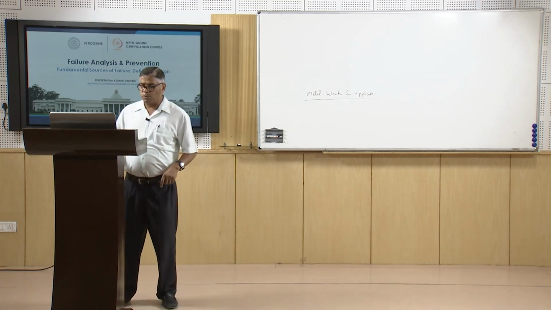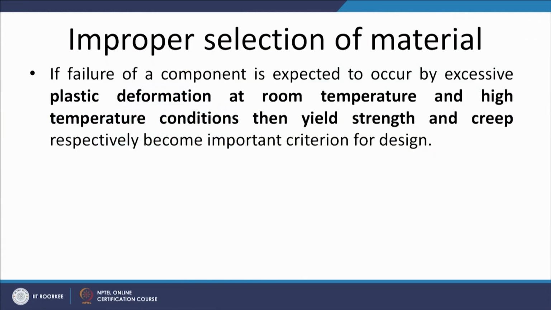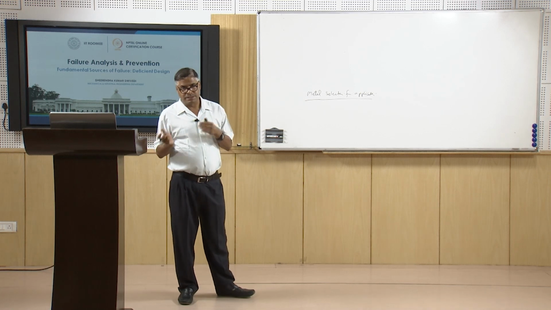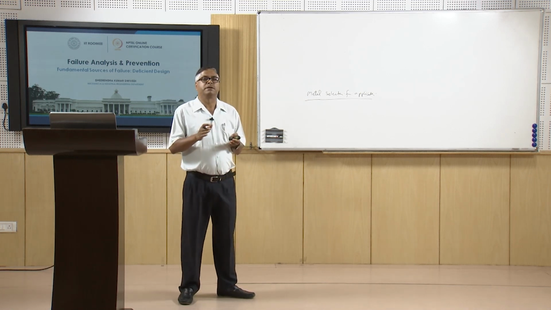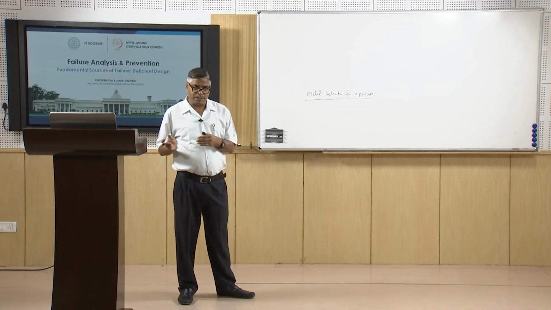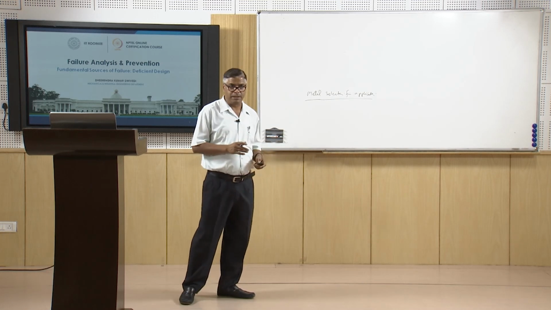So, if the component is expected to fail by plastic deformation at room temperature, then we will be considering the yield strength. If the component is expected to fail by deformation at a high temperature, then we need to consider the creep rate or the creep behavior of the material.